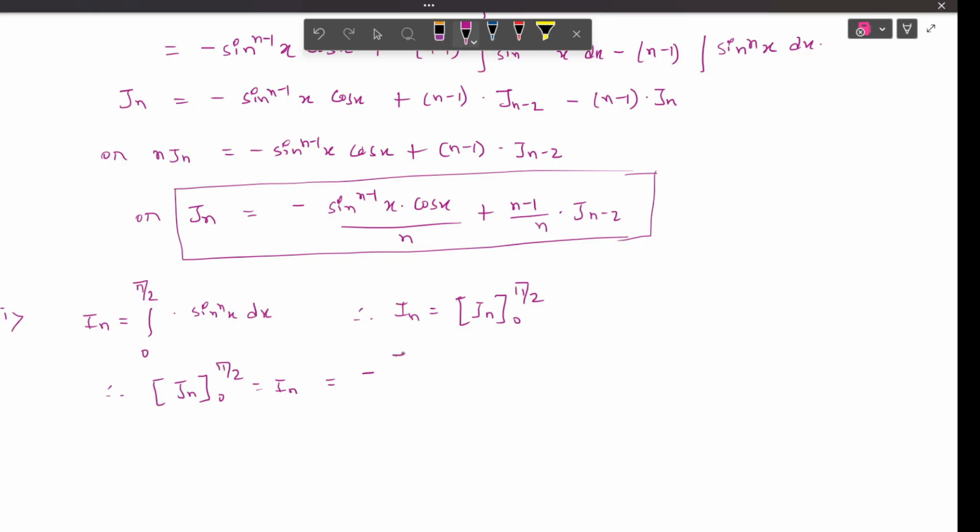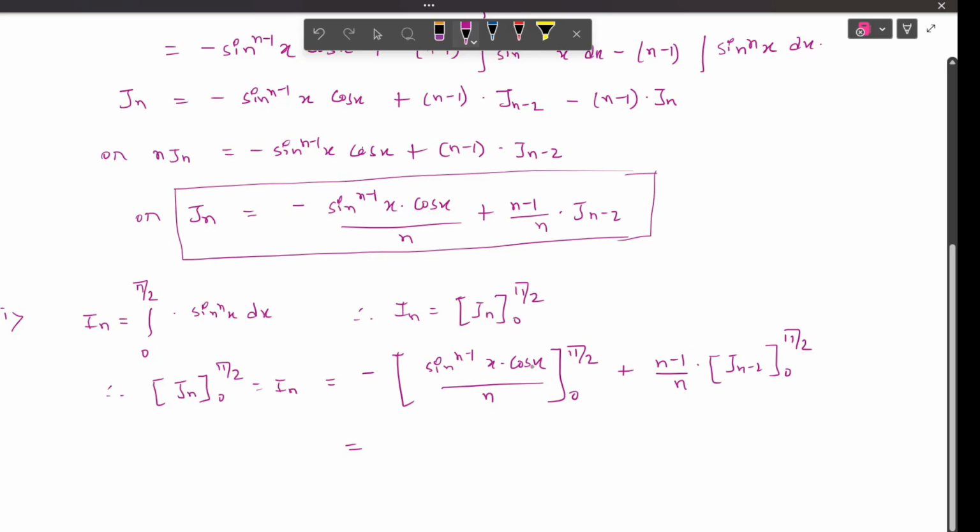So it will be minus sine to the power n minus 1 x cosine of x by n from 0 to pi by 2, plus n minus 1 by n into Jn minus 2 from 0 to pi by 2. If you put the limit here, cos pi by 2 would be 0 and sin 0 would be 0. So in both the cases it will be 0.